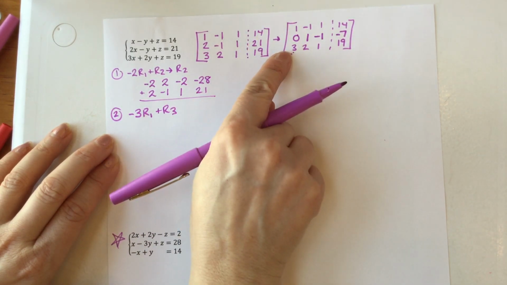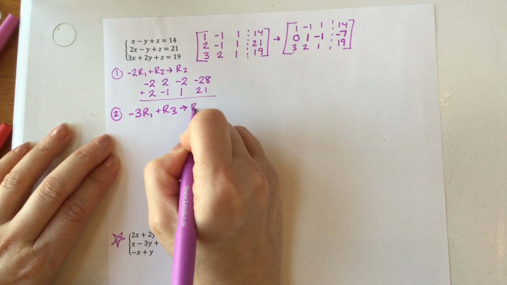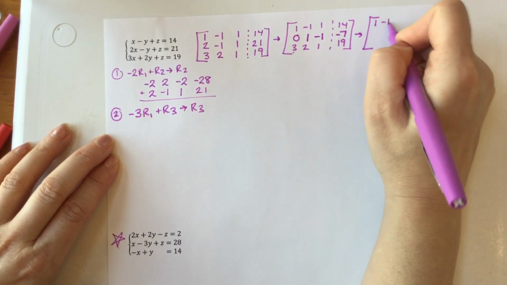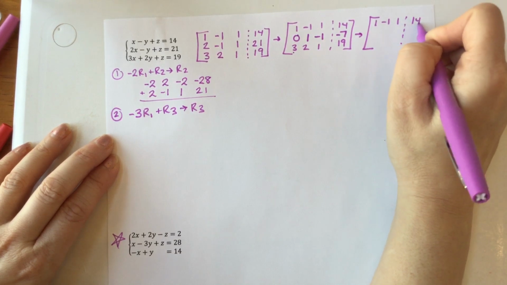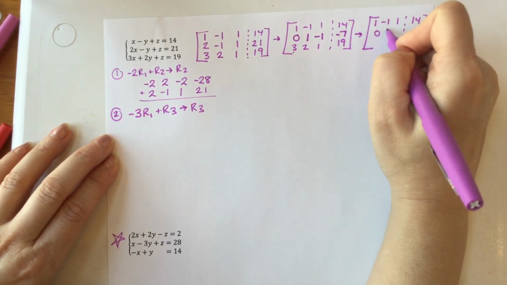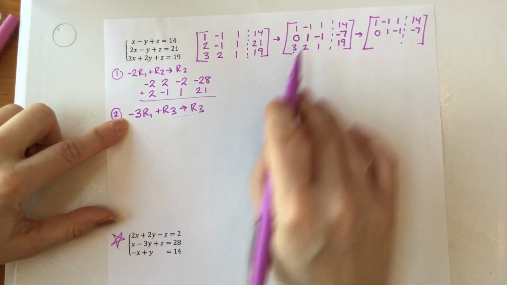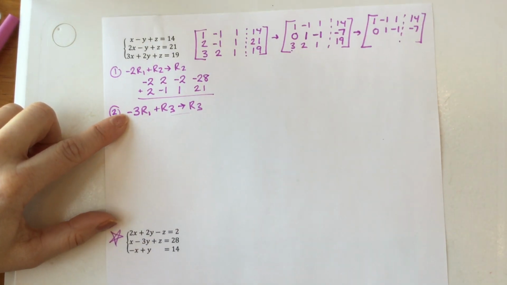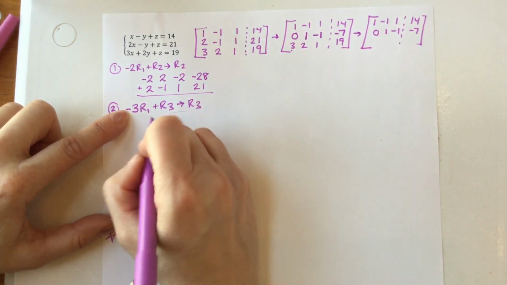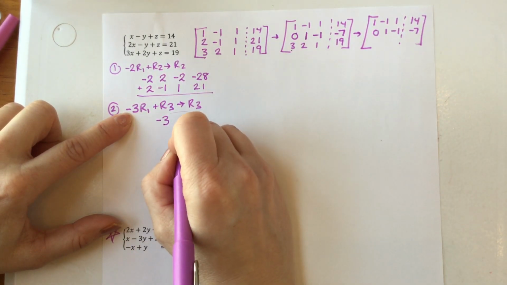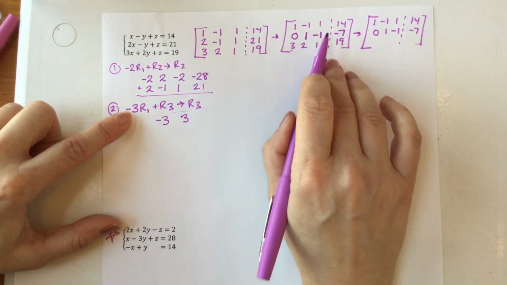A negative 3 plus 3 will be a 0. I want that 0 in row 3. So I'm keeping row 1 the same. I am keeping row 2 the same. To get my new row 3, I have to do this. Take row 1, every value times negative 3. 1 times negative 3 is negative 3. Negative 3 times negative 1 is a positive 3.